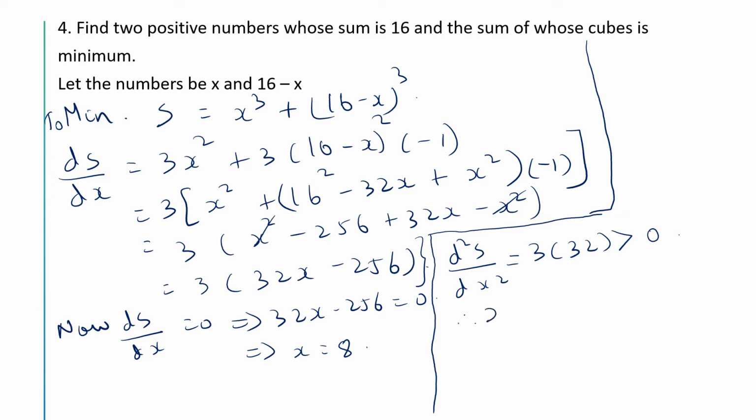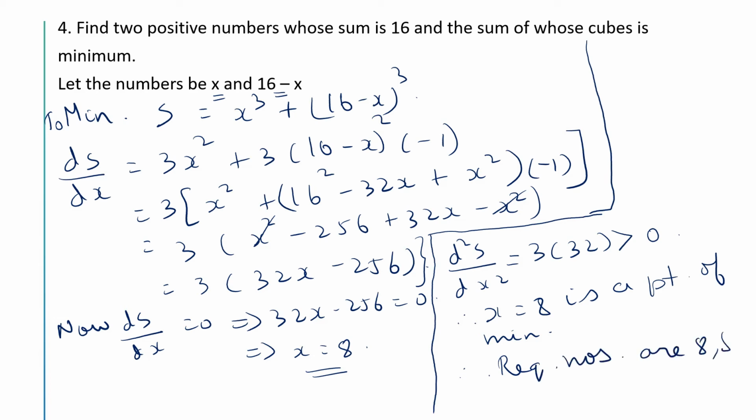Therefore, we can see that this point x is equal to 8 is the point of minima. So the numbers are x and 16 minus x, which means 8 and 16 minus 8. It is again 8. Therefore, required numbers are 8, 8.